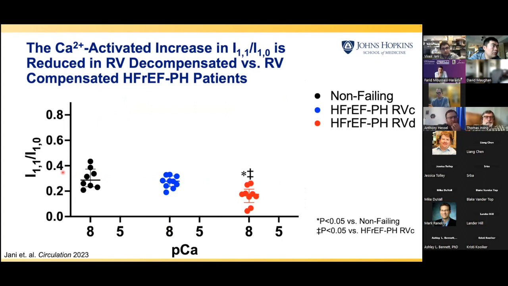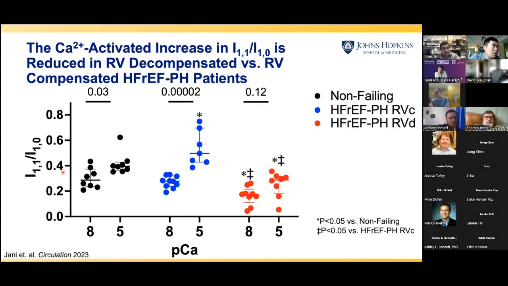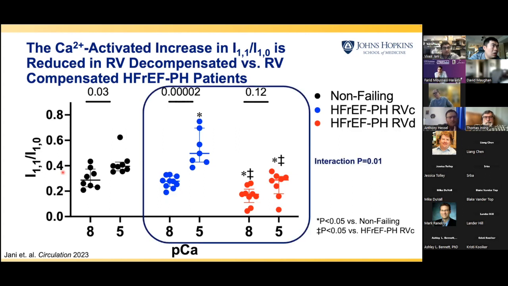And when we increased to saturating calcium concentration at pCa 5, we see as expected that the non-failing controls go up. And we actually see that the RV compensated patients also increase their equatorial intensity ratio. But to our surprise, we find that the relative change in I1,1/I1,0 with calcium activation in the decompensated patients is quite reduced.